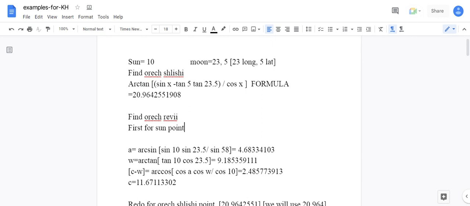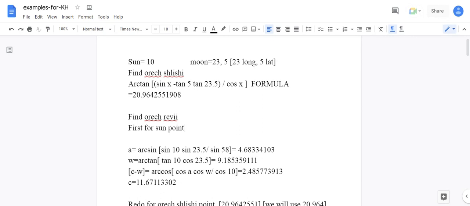This is another value. Then we get the value of C minus W. It's the inverse cosine of cosine A cosine W divided by cosine 10. 2.4. This whole process I took from a spherical trigonometry textbook that explains why you need to do all these steps. But this is what you need to do.